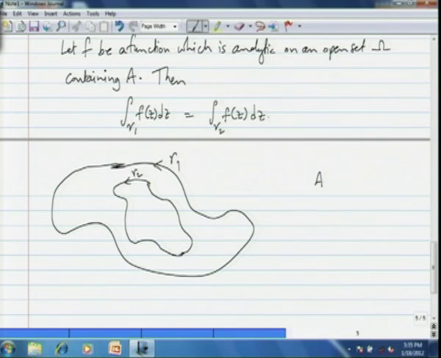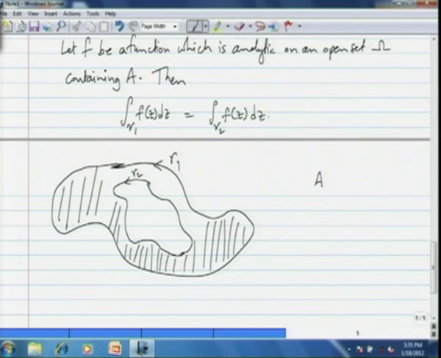So, this A which appears in the statement of the theorem is essentially your region in between, according to the schematic. A includes the trace of gamma 1 and gamma 2, union the region in between. The region in between is clearly the intersection of the inside of gamma 1 and the outside of gamma 2. So, that is your set A.